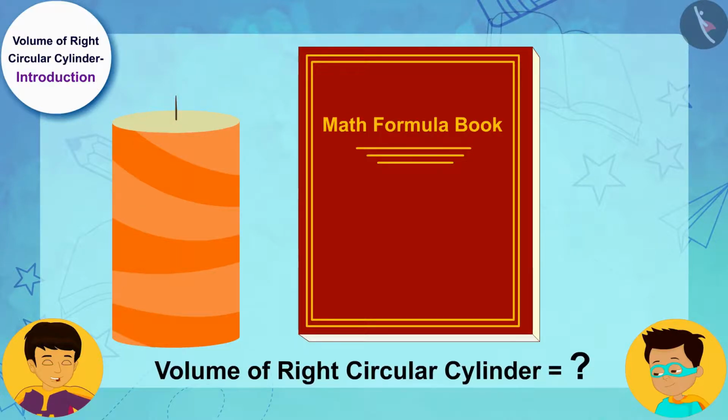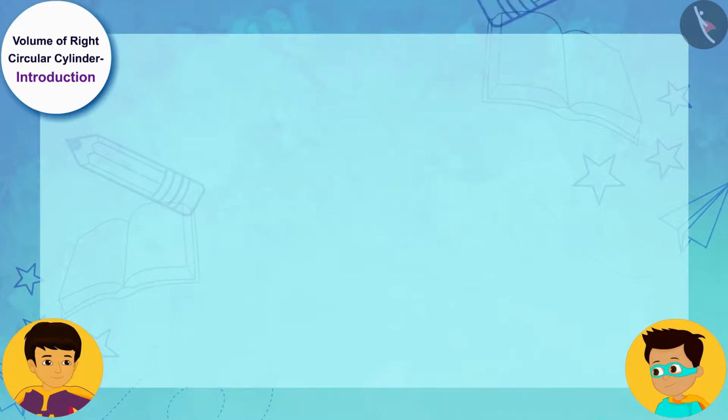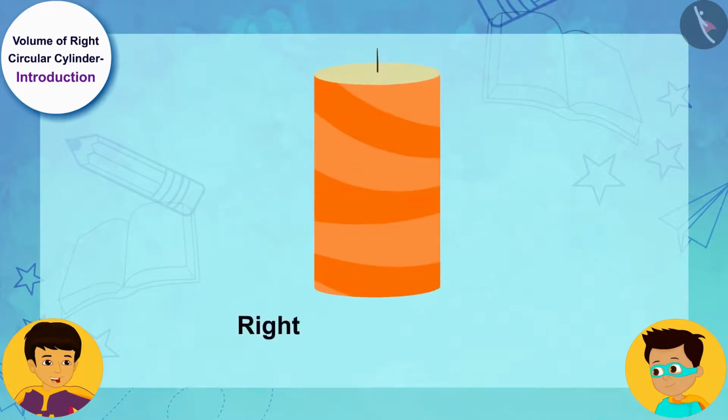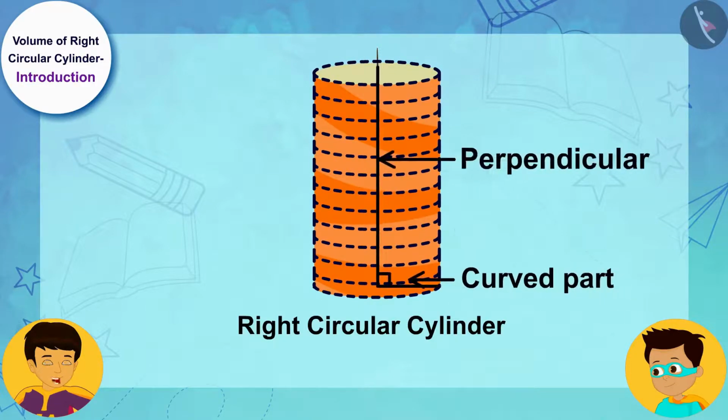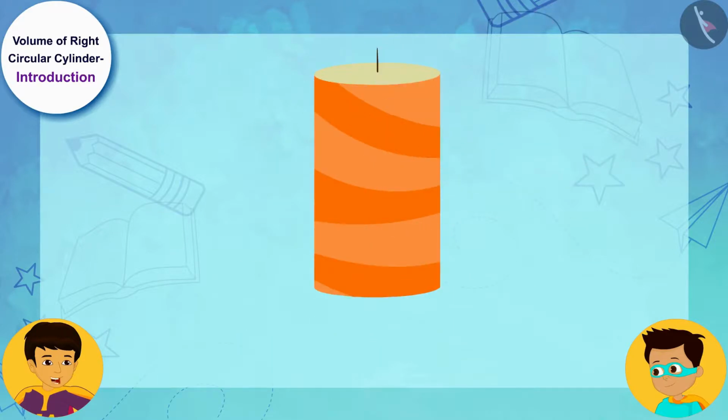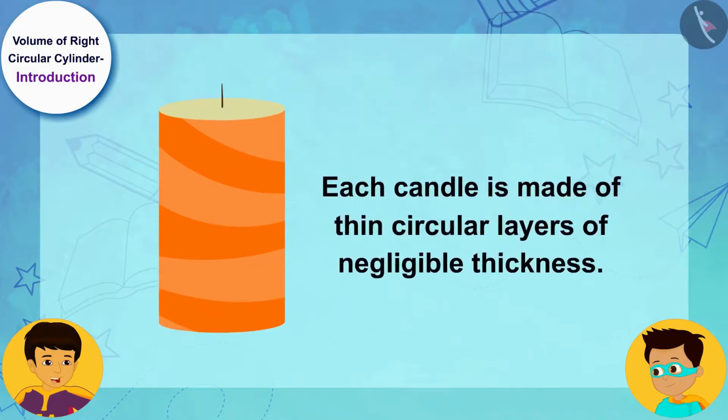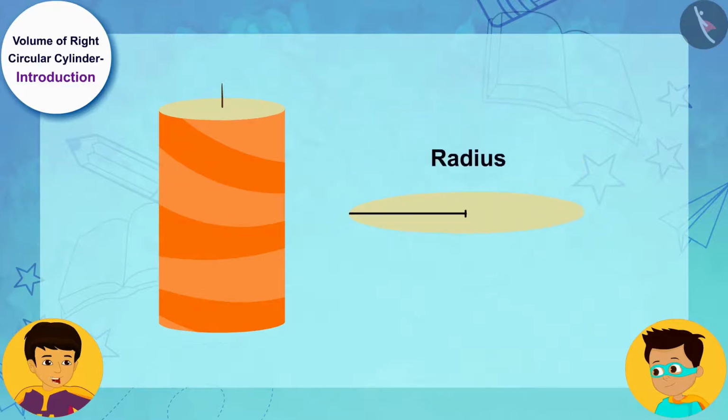But we can find it again. Each candle is a right circular cylinder because its curved part is perpendicular to its base. Imagine that each candle is made of thin circular layers of negligible thickness, and the radius of each circular layer is r.